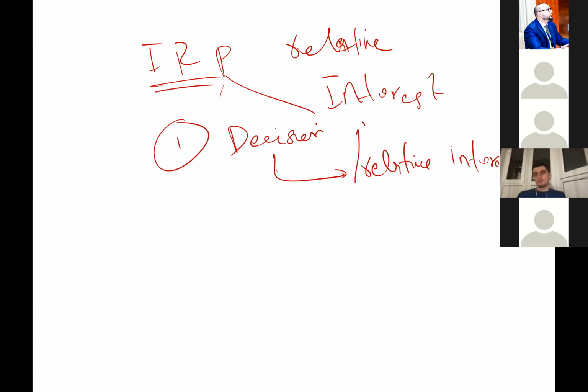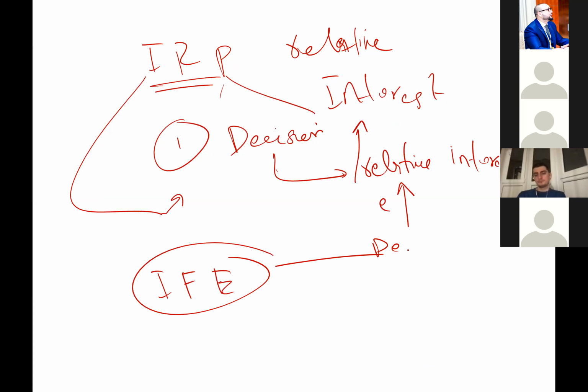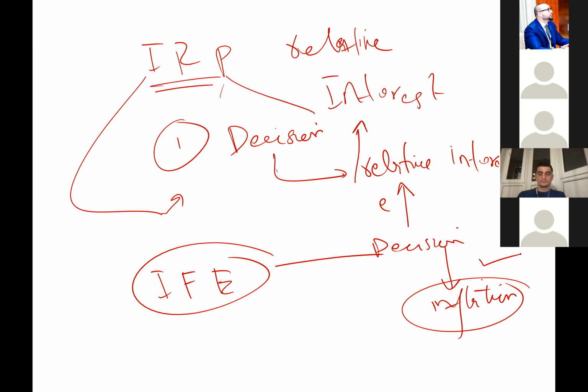If the relative interest is higher in some country, that country's exchange rate should increase. So interest rate parity decides on the basis of interest rate, while for the international Fisher effect the decision is based on inflation, right?